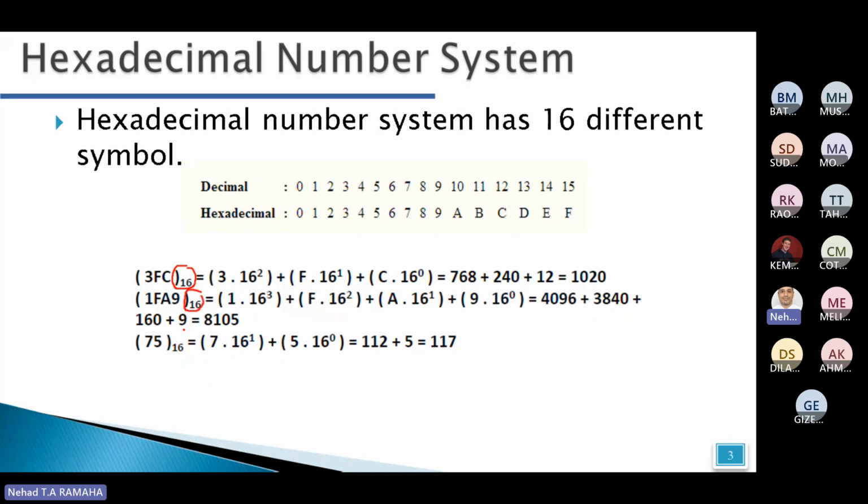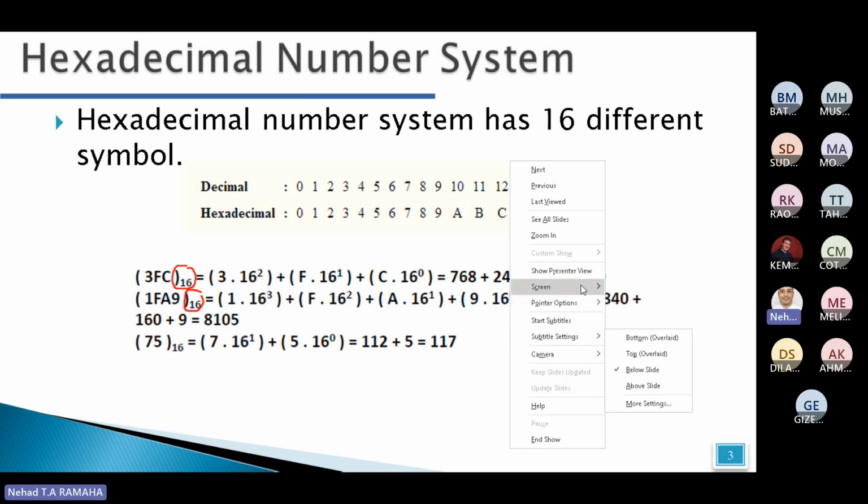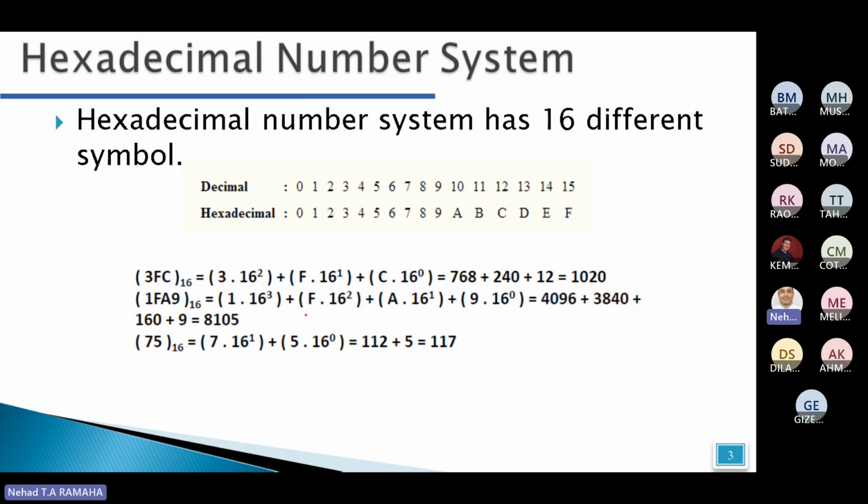We have these numbers in the hexadecimal system. What's the value of these numbers? Same idea as the binary system. In the binary system, the positions are 2 power 0, 2 power 1, 2 power 2, and so on. In hexadecimal, the positions are 16 power 0, 16 power 1, 16 power 2, 16 power 3, and so on.